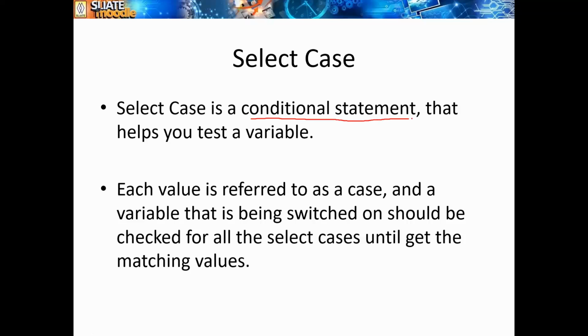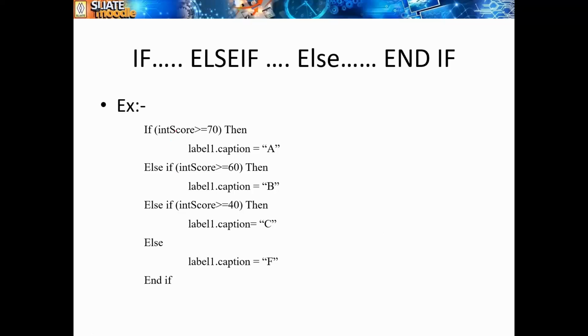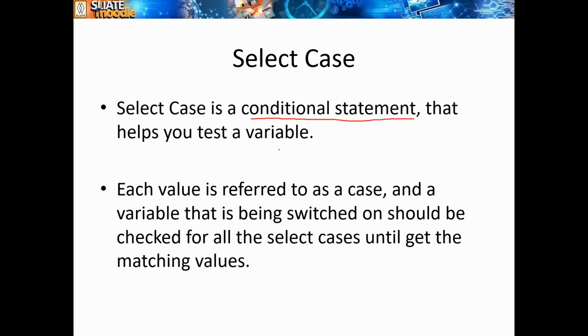That means we are going to check the condition, and based on the result we have there, we are going to ask the computer or a program to do something, right? And rather than having something like this, we can directly check anything with the help of select case.